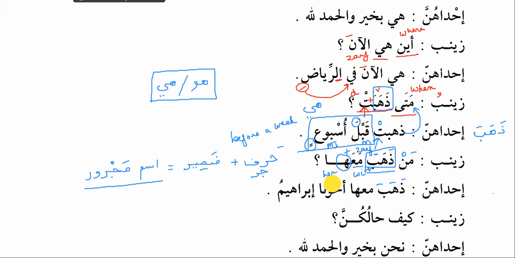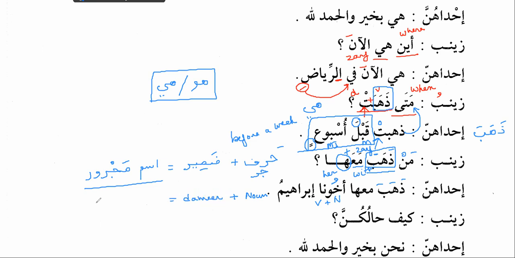So this is أخونا. Here, noun plus verb. When the verb comes with a noun, what is the position of the noun? The noun plus the damir: what will be the position of the damir?